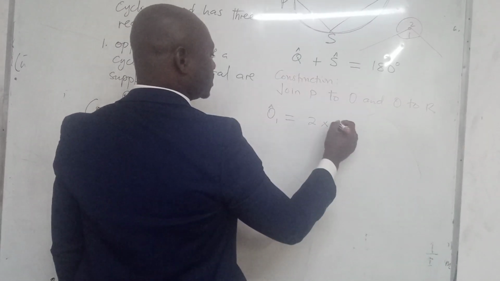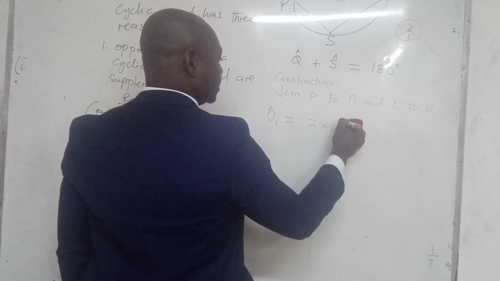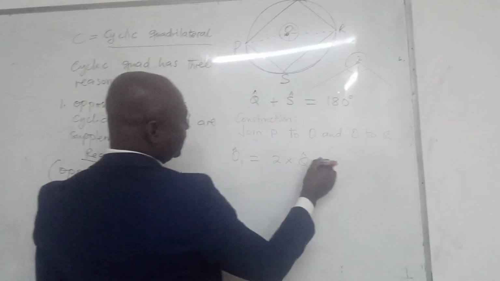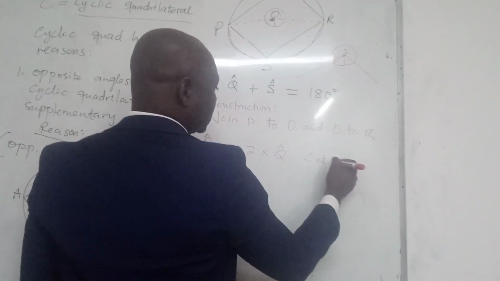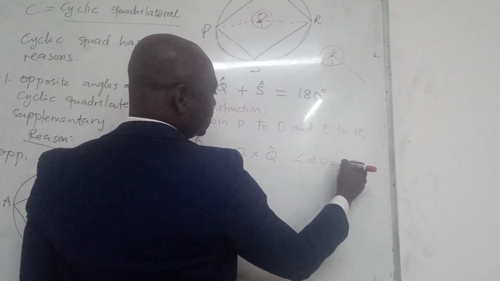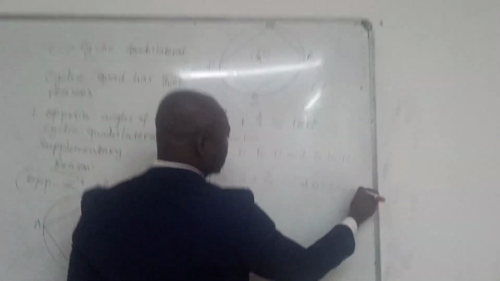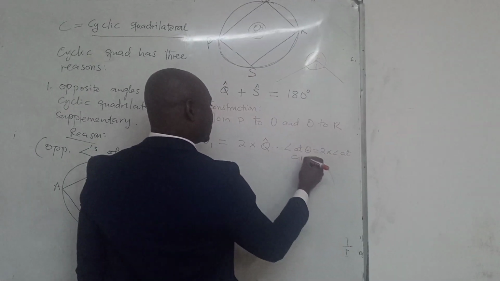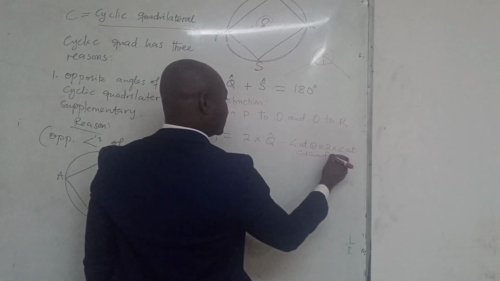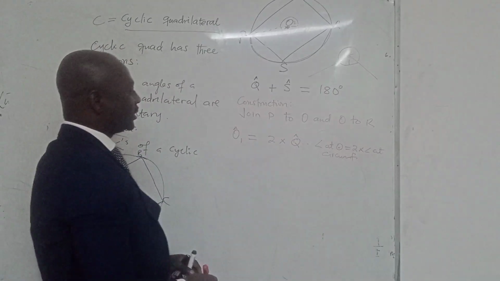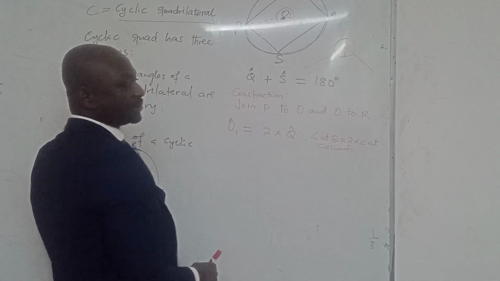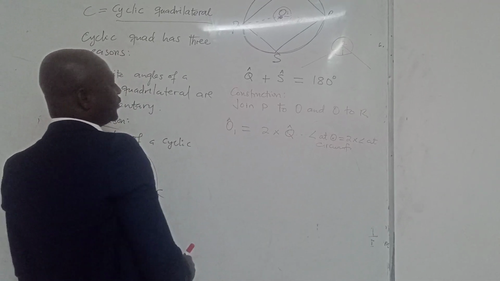Angle Q. Reason? Angle at center of a circle is equal to 2 times angle at circumference. Is that right? Okay.